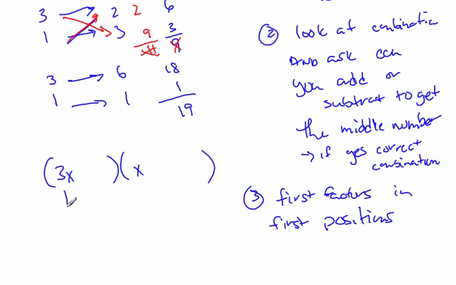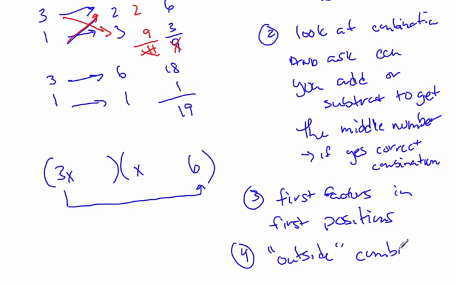Lots of people put the 18 and the 1 in parentheses, which is wrong. We need to figure out what we multiply that 3 by to get our 18, and that is 6. So we put first factors in first positions, and then we look at the outside combination, and we have to figure out what multiplies to get 18 for this one.